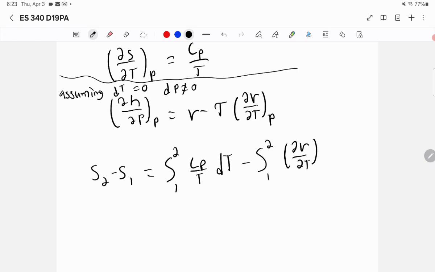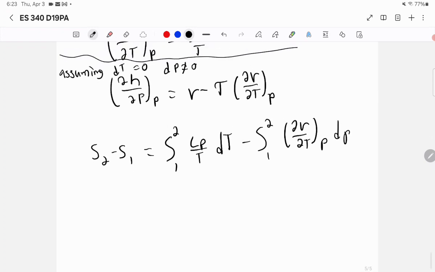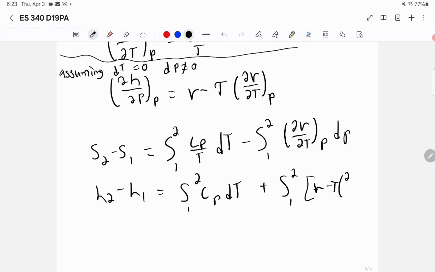And under certain assumptions, these equations become the exact equations that you saw before. But I will note that, of course, in this case, V minus T dV/dT, times dP.